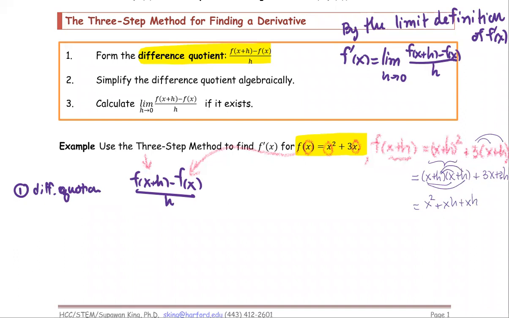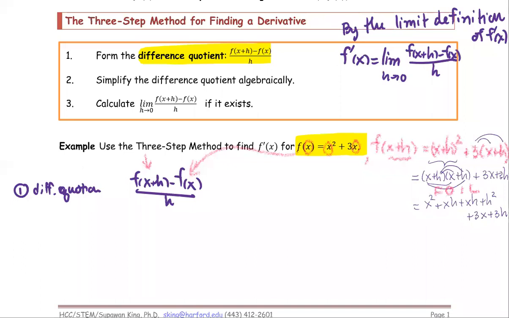Last times last is h squared, added by 3x plus 3h. And this technique, if you recall, is called the FOIL technique. FOIL: first times first, outer times outer, inner times inner, and last times last.